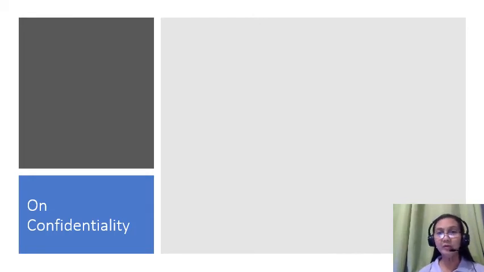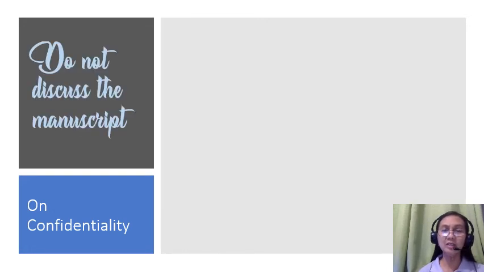Manuscripts under review are highly confidential, so you should not discuss the manuscript or even mention its existence to others. One exception is if you would like to consult with a colleague about your review. In this case, you will need to ask the editor's permission.